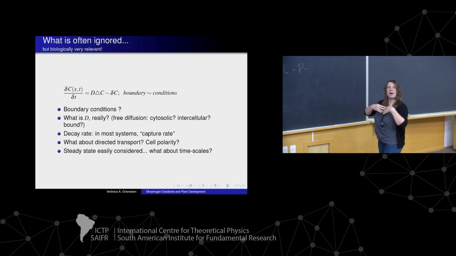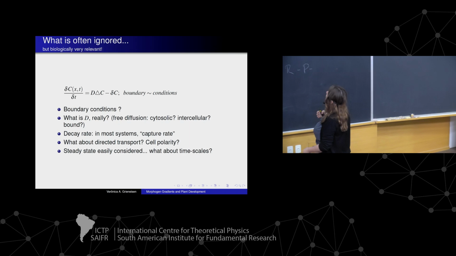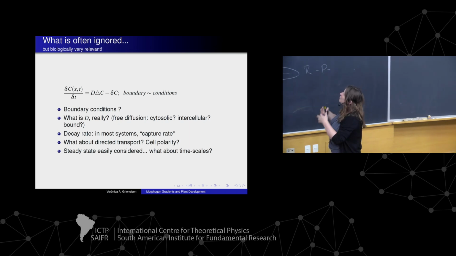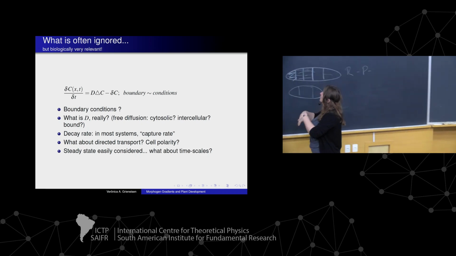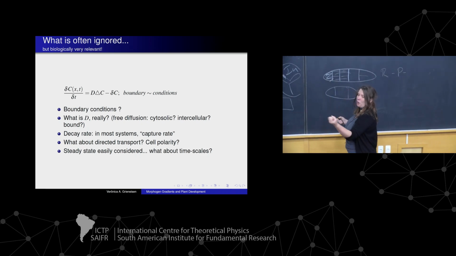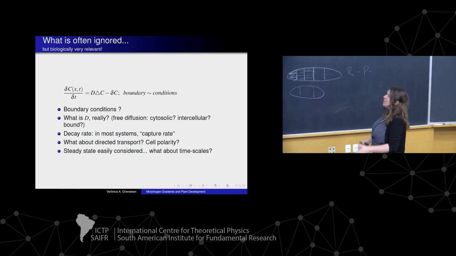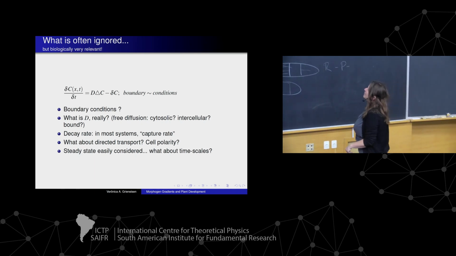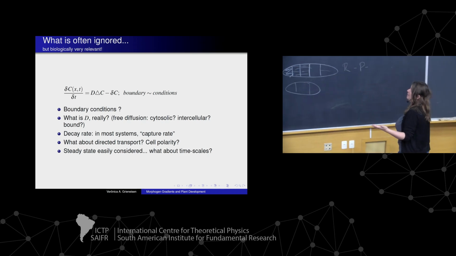Because in development we have cells, so it might be cytosolic, it might be intercellular. People are discussing these things. Decay rate: not only does your chemical become unstable and decay, but it could be captured. So there are a lot of different things that could warp those gradients, or might not give you the predicted length scale that you're thinking about.